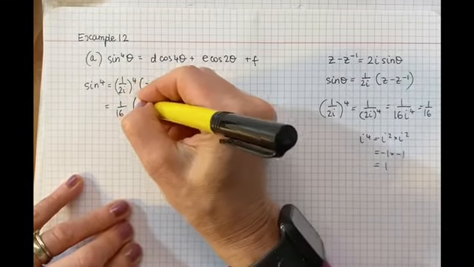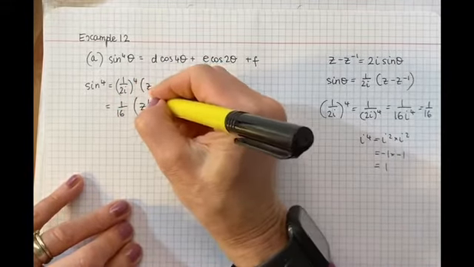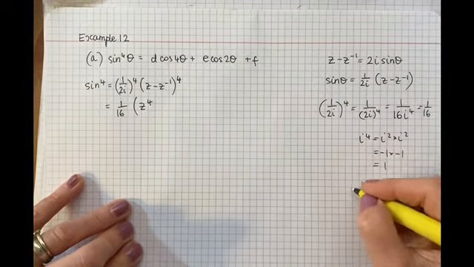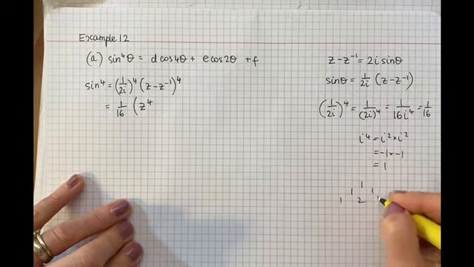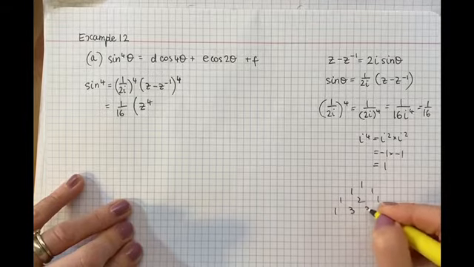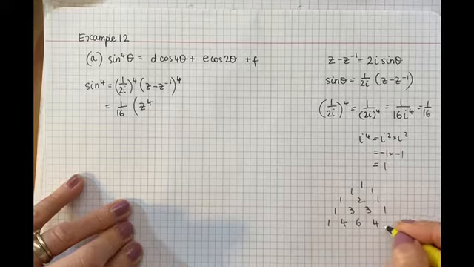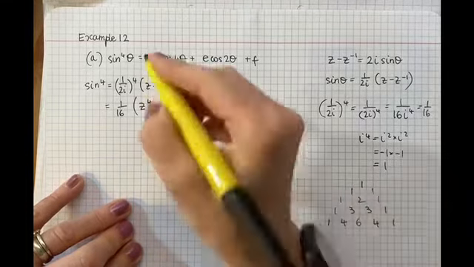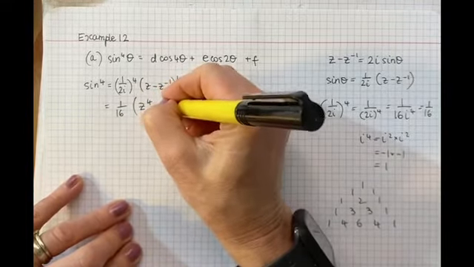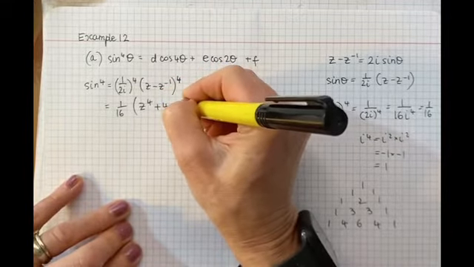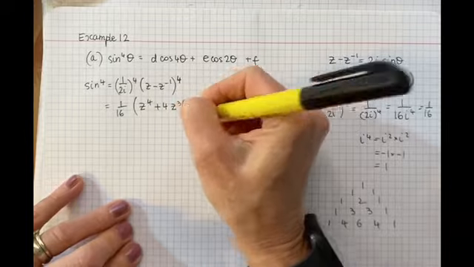Let's use binomial expansion. Z to the power of 4. Oh yeah, by the way, the coefficients for this one are 1, 1, 1, 2, 1, 1, 3, 3, 1, 1, 4, 6, 4, 1. So we are looking for the next term to be 4 z cubed and then 1 of z minus z to the power minus 1.